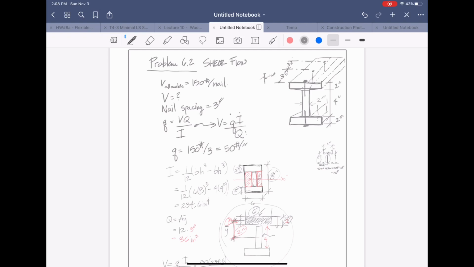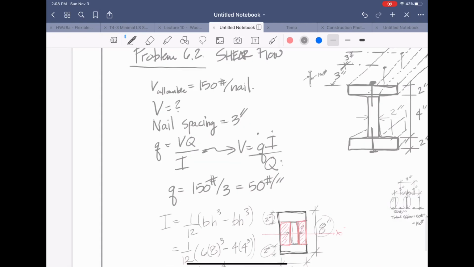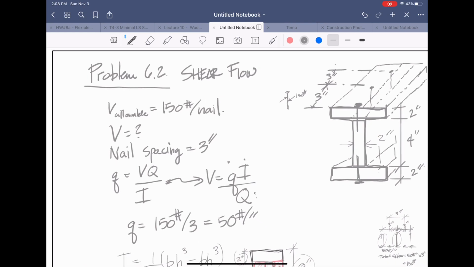So we know that the nail capacity is 150 pounds per nail. If you were to go to Home Depot and buy a nail, you'd find the nail that has the 150 pound capacity. That's the nail that you're using.